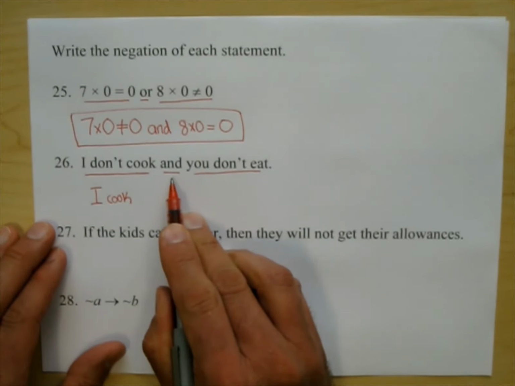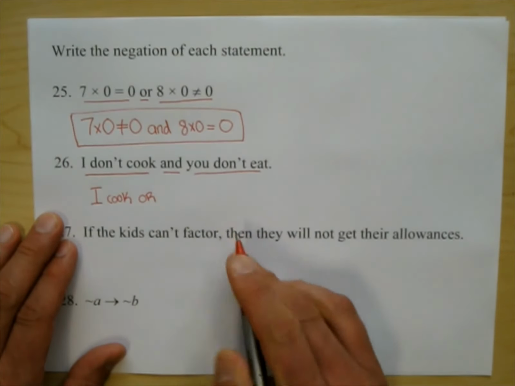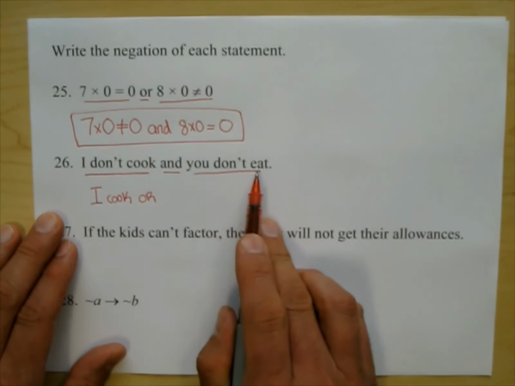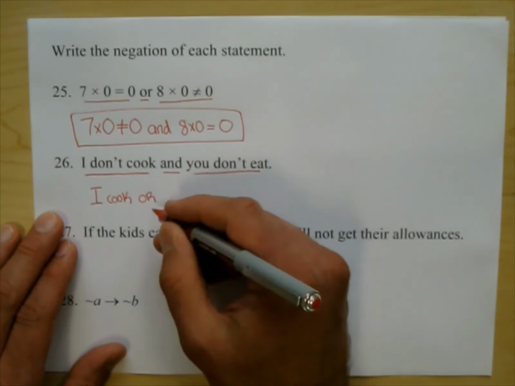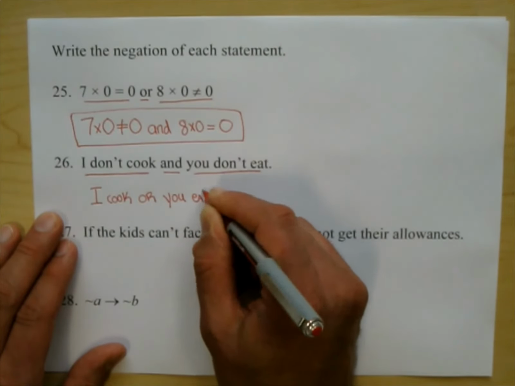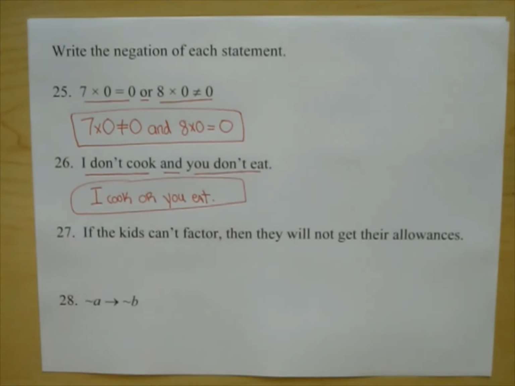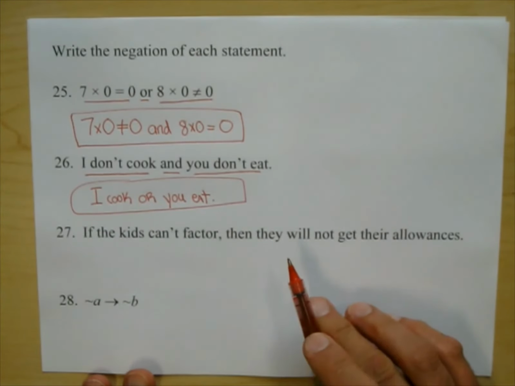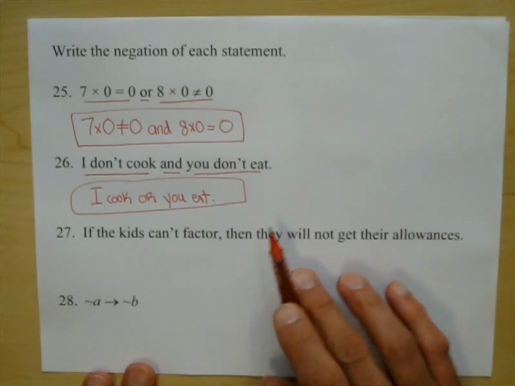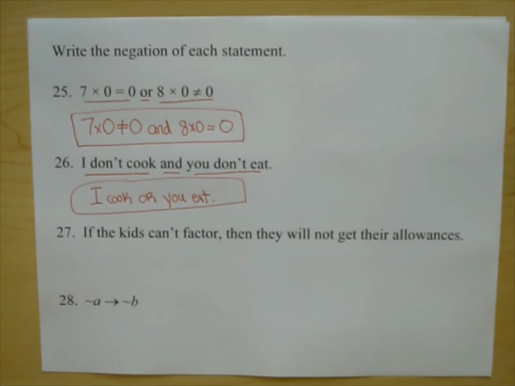Negation of and is or. Negation of you don't eat is you eat, or you do eat. I'm just going to say you eat. And so there's the answer for the negation of I don't cook and you don't eat: I cook, or you eat.